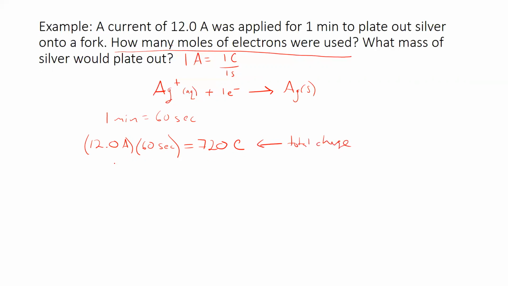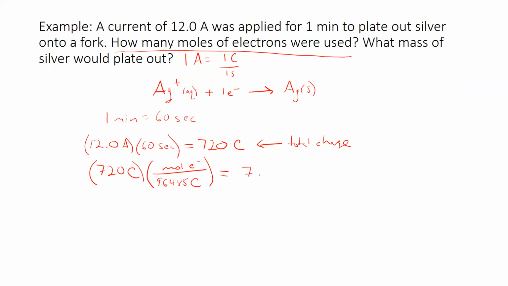Okay. To find the moles of electrons, we just take that 720 coulombs and divide by Faraday's constant, which is 96,485 coulombs per mole of electrons. And so that tells you how many moles of electrons are transferred.